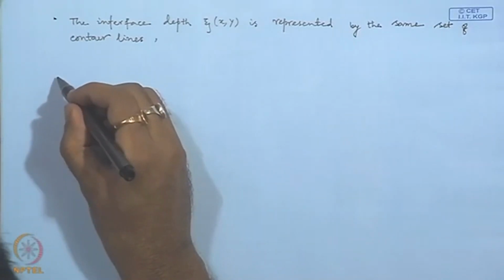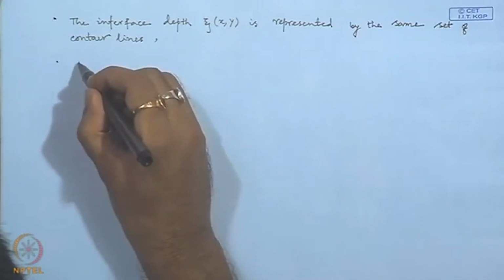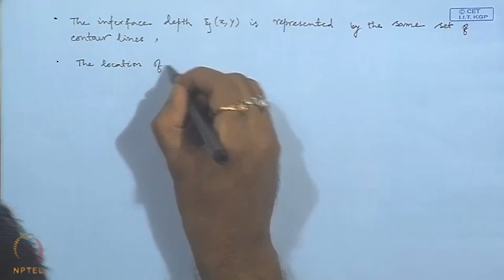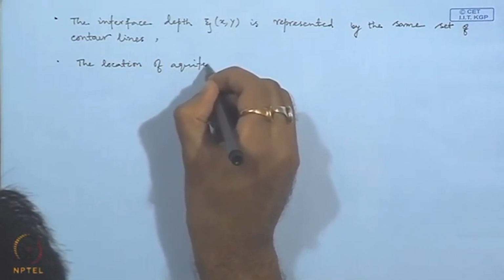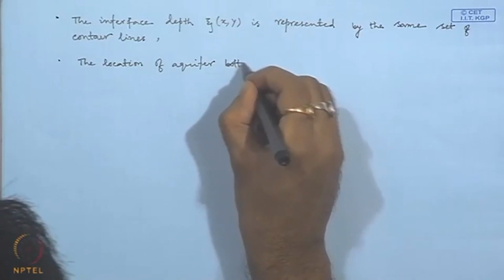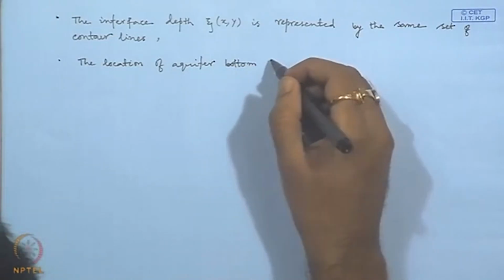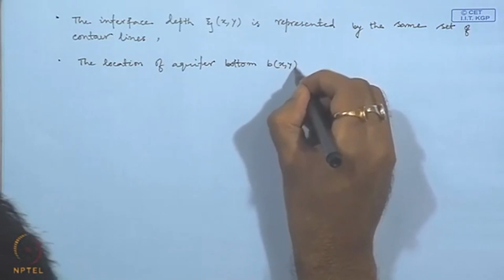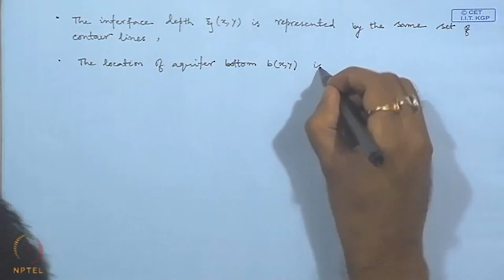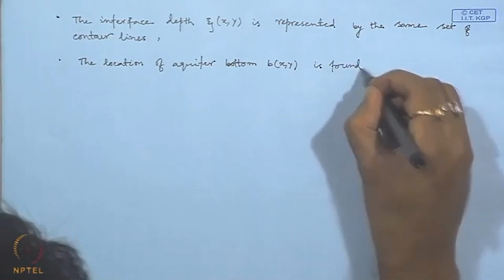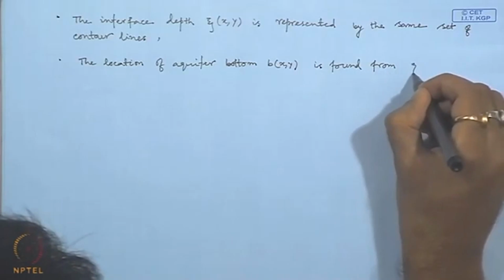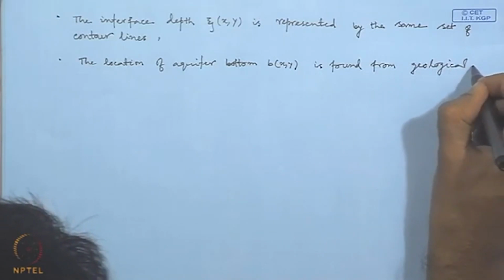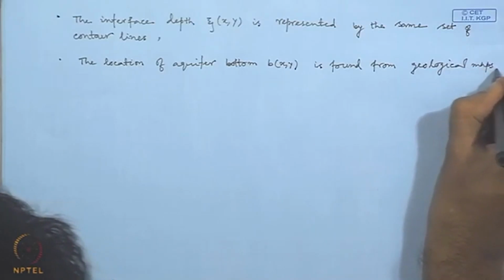And fourth one, the location of the aquifer bottom, which is again a function b x y, is found from geological maps.